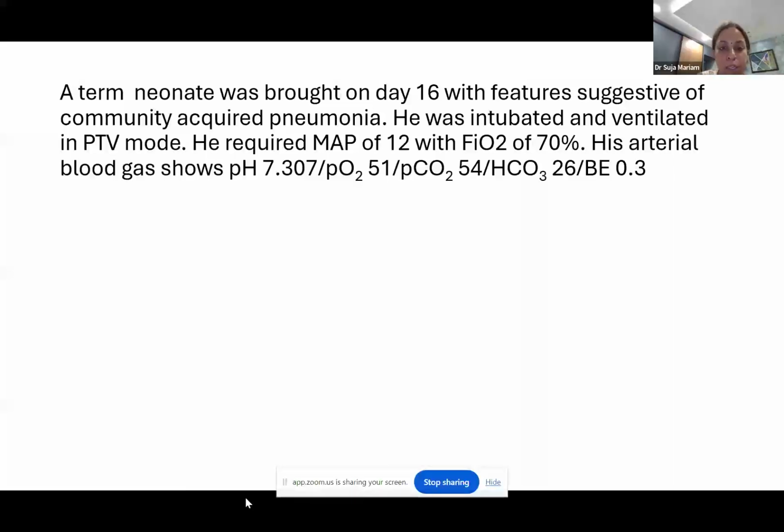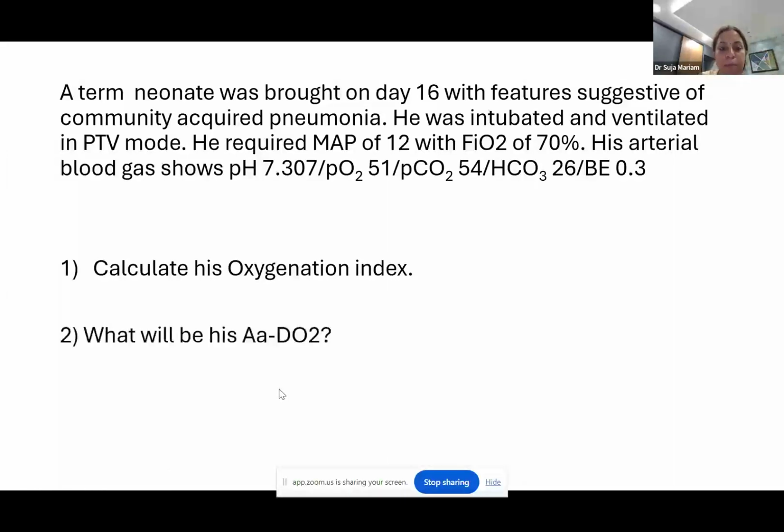So the question is, calculate his oxygenation index, and what will be his AaDO2.